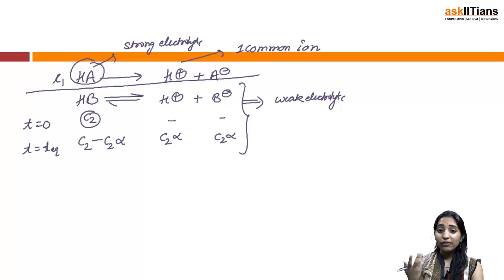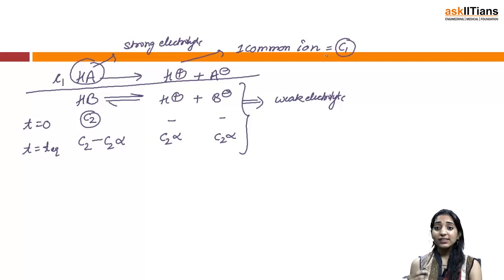So if it is having one ion in common, I can say that because of the addition of this, there will be C1 concentration of H positive which is now there with us. So we can say because of the addition of a common ion to the already existing equilibrium solution of a weak electrolyte, there will be some differences in the dissociation constant of the weak electrolyte.